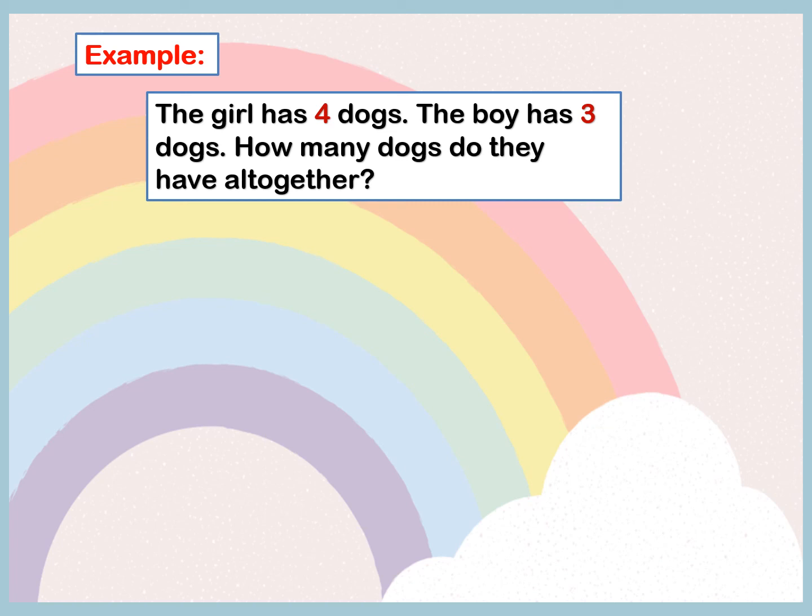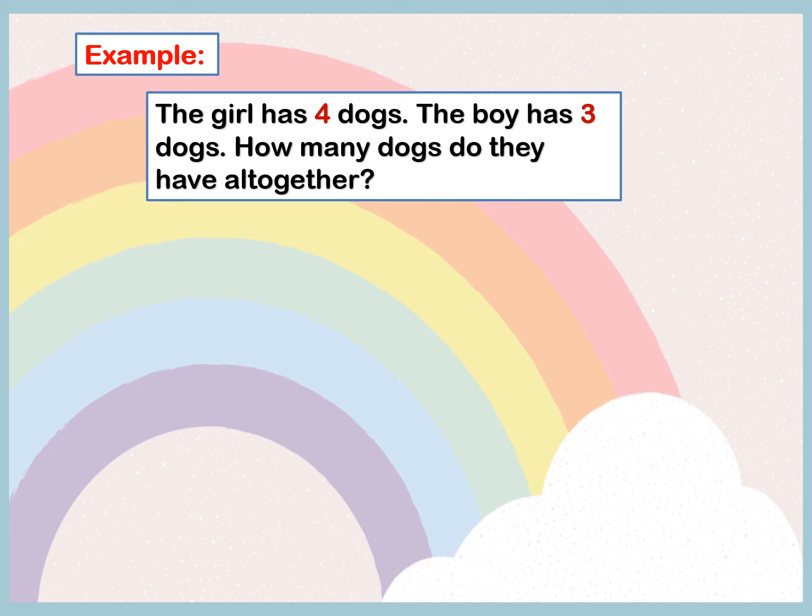How many dogs do they have altogether? They. Why they? Because there are 2 people, the girl and the boy. So if there's 2, then we should replace it with the pronoun they.